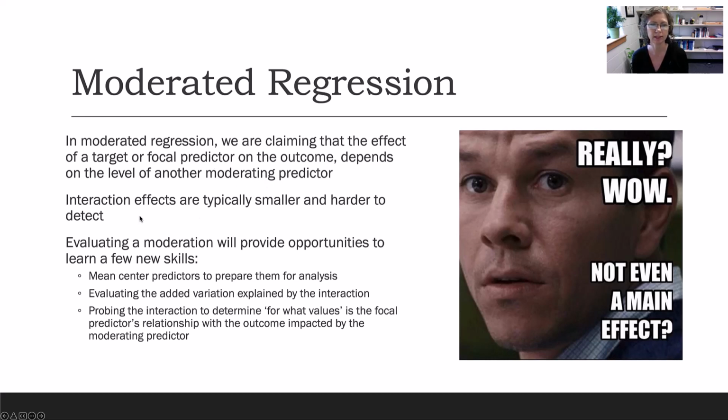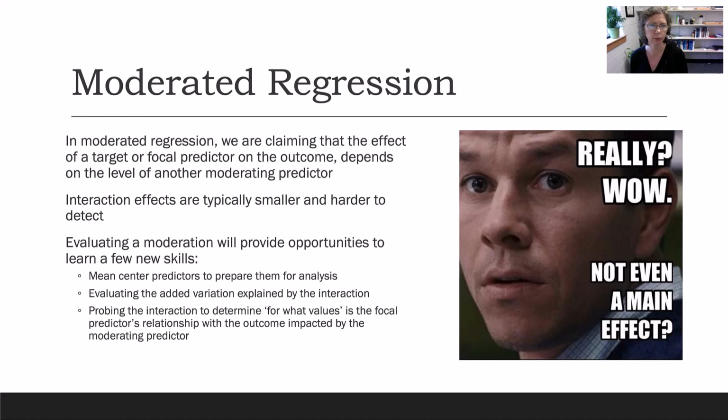And these are typically smaller and harder to detect, which means at the front of a research design, you already have to account for a larger sample size to detect a smaller effect. Keep that in mind as you're designing a study.